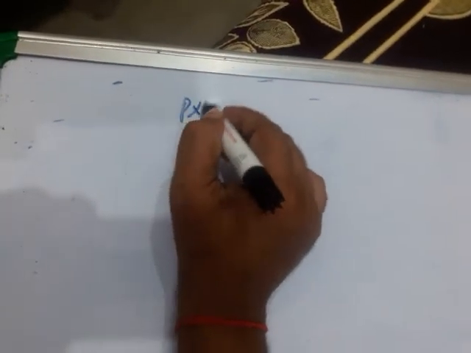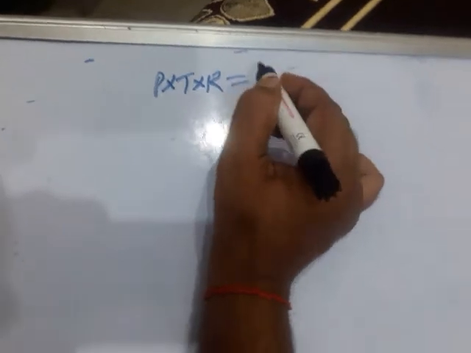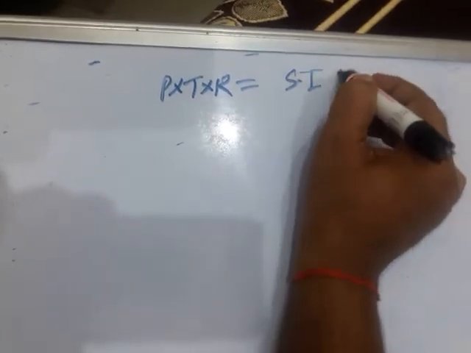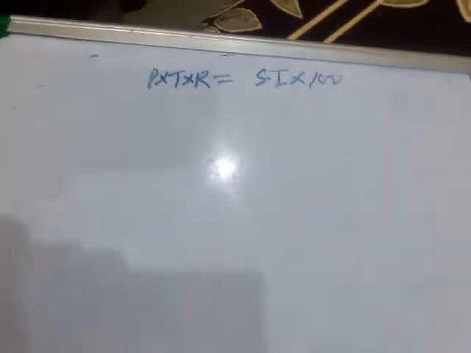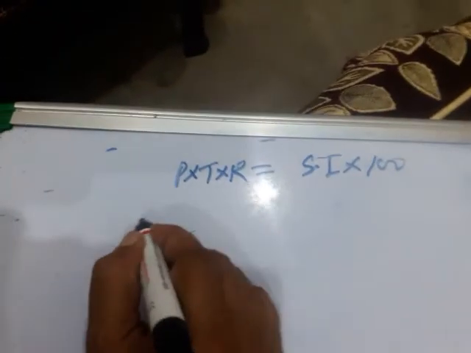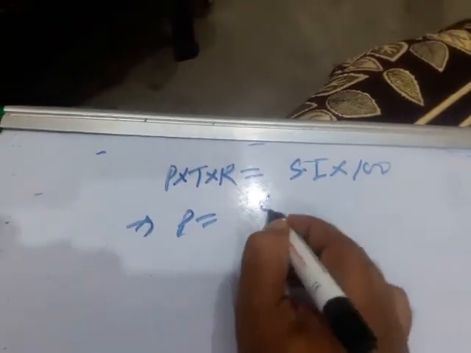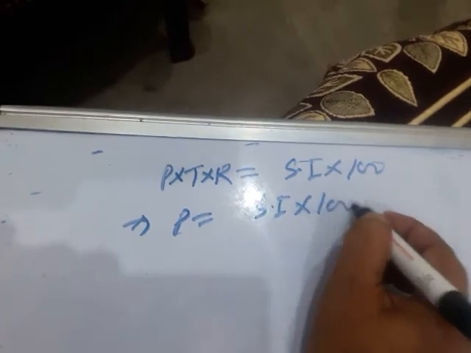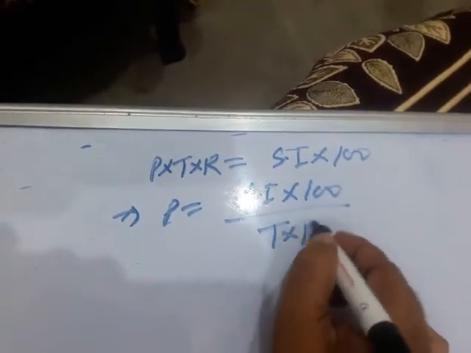This implies that P into T into R equals SI into 100, where SI means simple interest. Now principal will be what? This implies that P equals SI into 100 upon T into R.